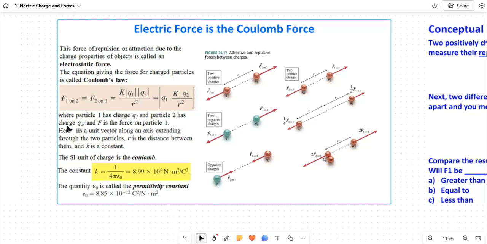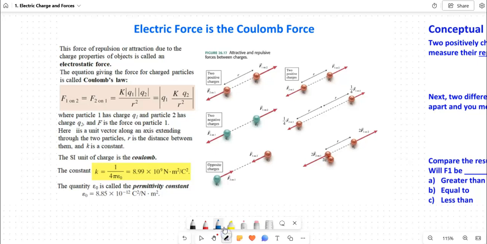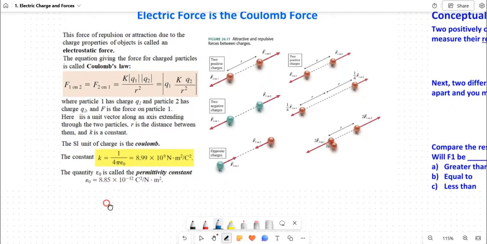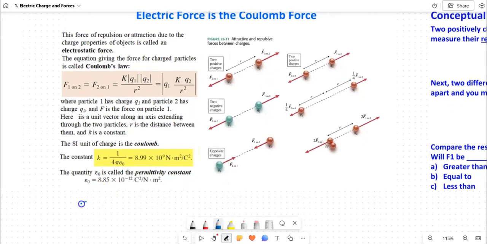But for right now, we're just going to use k, and k is really efficient in the fact that it's basically just 9 times 10 to the 9th newton meter squared per coulomb squared. And if you remember, a coulomb is a charge, where both positive and negative charges, we're going to write them as q's.